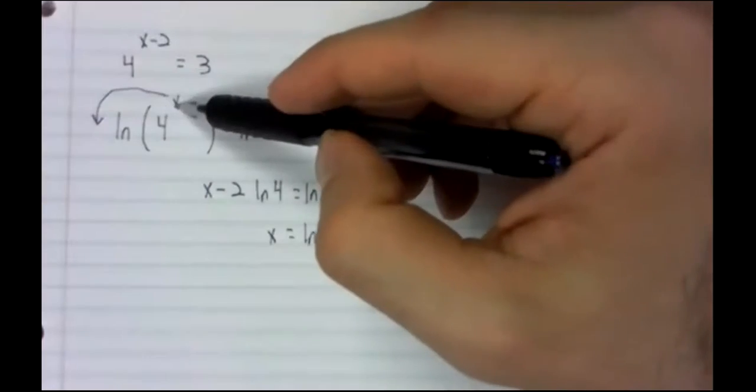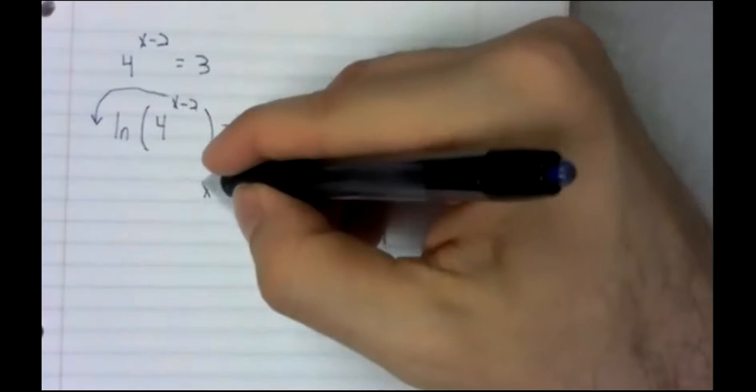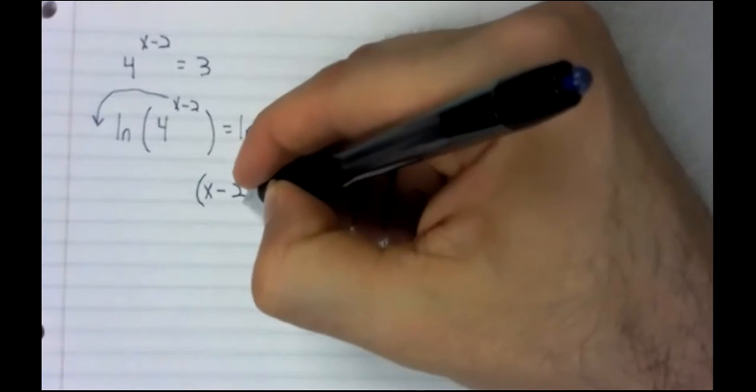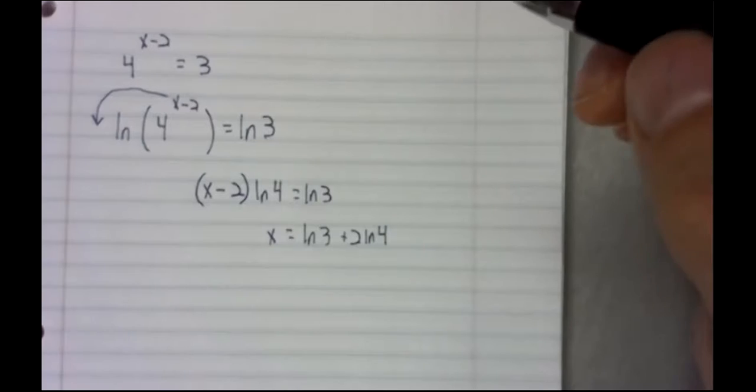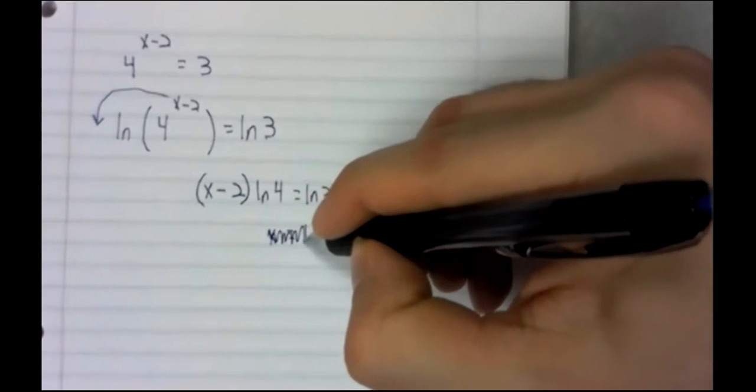When you bring the exponent down, the exponent needs to be in parentheses.